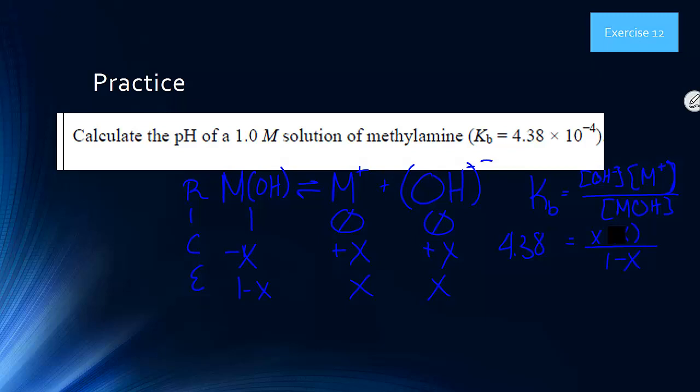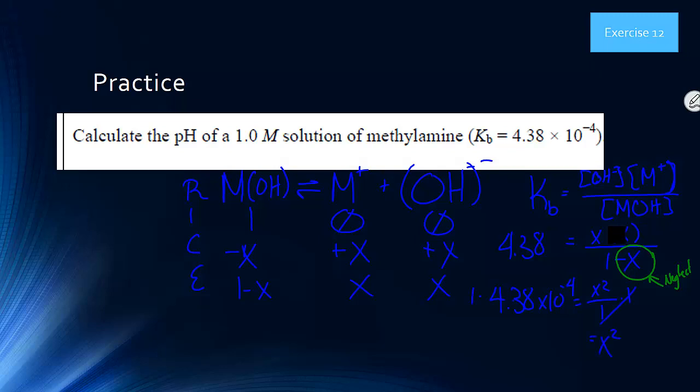And again, this value is so infinitesimally small that it's not going to make a difference. I can neglect it. So I get 4.38 times 10 to the minus fourth has to equal x squared over 1, multiply by 1 on both sides.